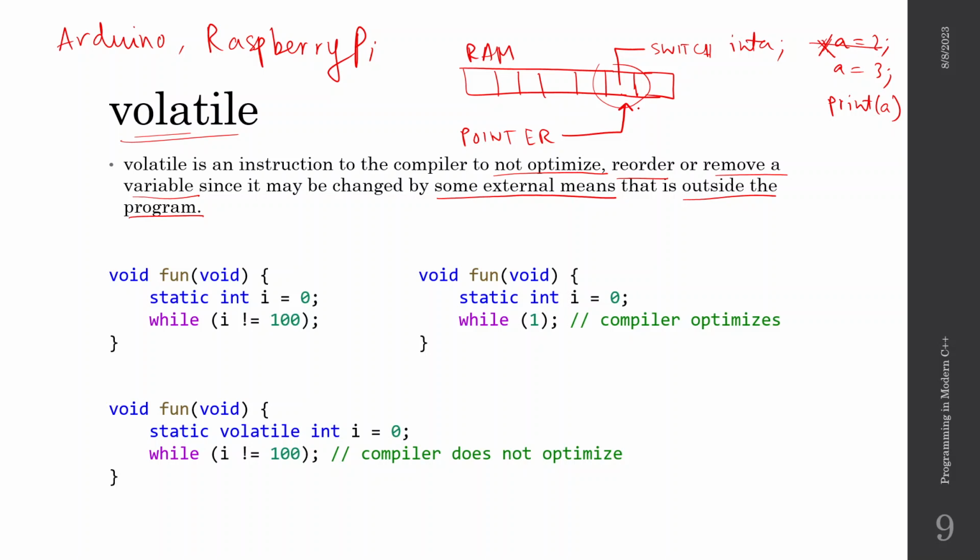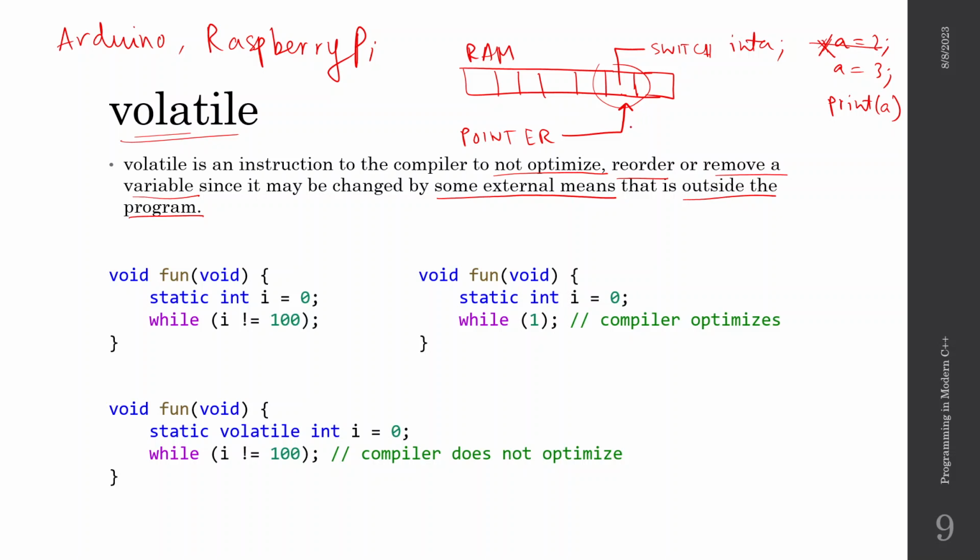Because it is connected by hardware, or maybe this location is connected to a sensor, let us say some light sensor or some other kind of sensor. So whenever somebody switches on the light, the value at this location will change. Now we have written a program where we are reading the value at this RAM location.